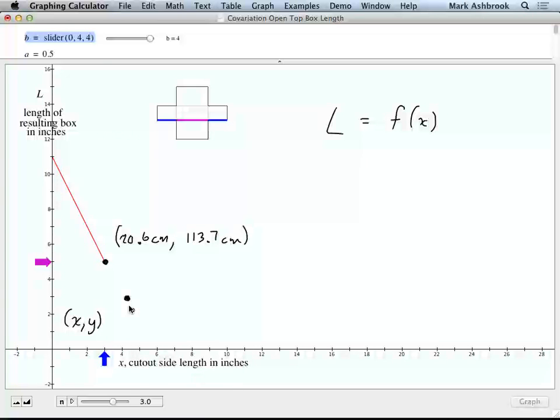So we have a point xy that represents any other point on the line. What would delta x be, Daniel? We're starting there, and we'll end at x. X minus 20.6. That's the change in x from our given point to any point on the line.